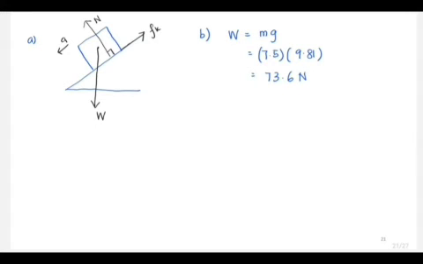To determine the kinetic frictional force, we use the formula Fk equal to the coefficient of kinetic friction times normal force. Here we lack the normal force. We need to find the normal force first.